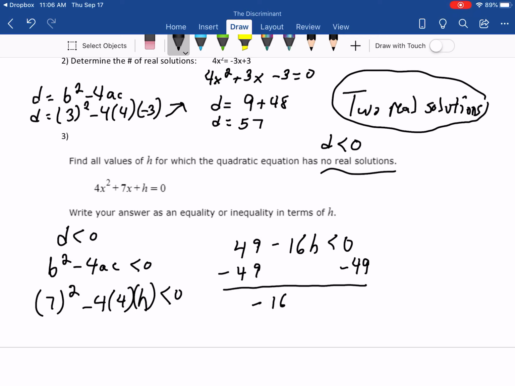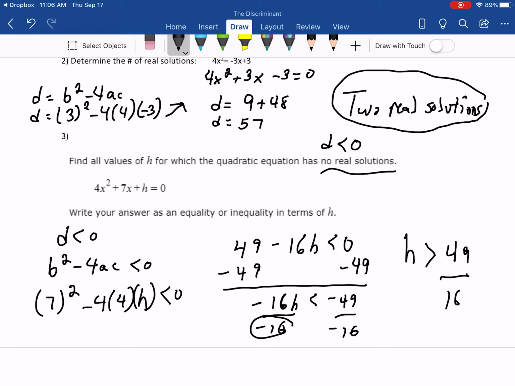So negative 16h less than negative 49. I'll divide by negative 16. And we're dividing by a negative, so our inequality symbol flips. So we have h is greater than 49 over 16.